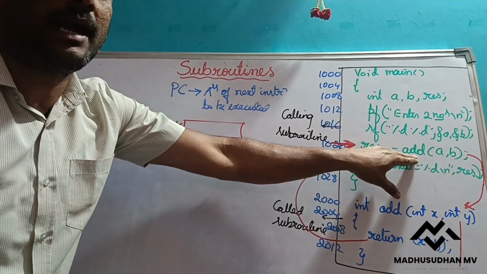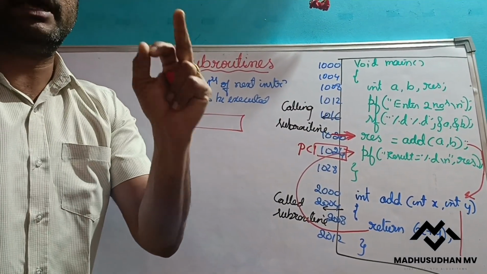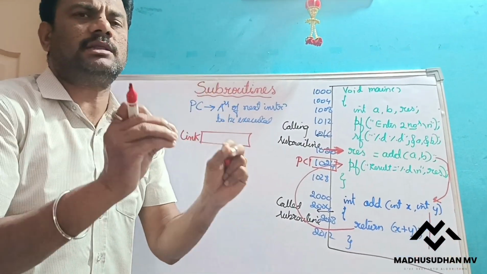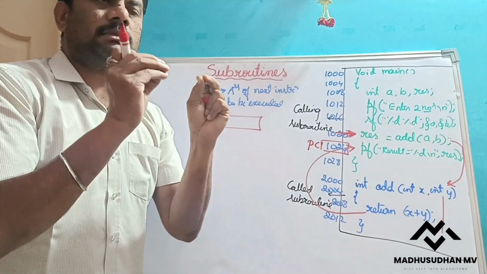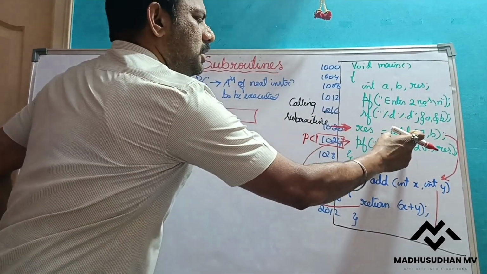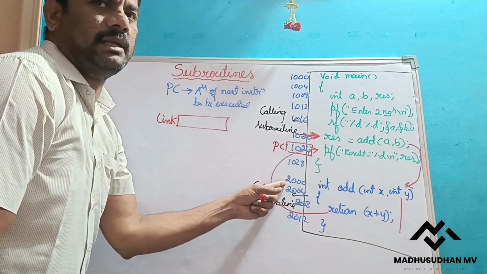How do I get the address of this add function? I told in many of my videos, the name of a function or a variable is nothing but a name given to the address. The name is the address. So I know this address, and go to it. Now the program counter will be overwritten by this one.